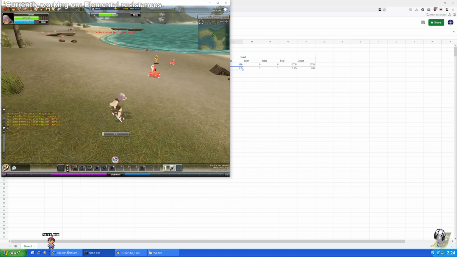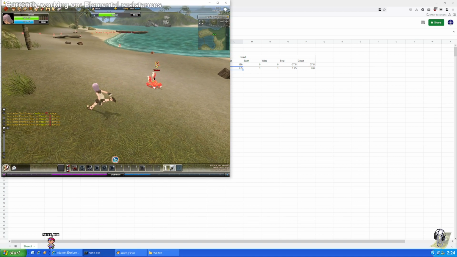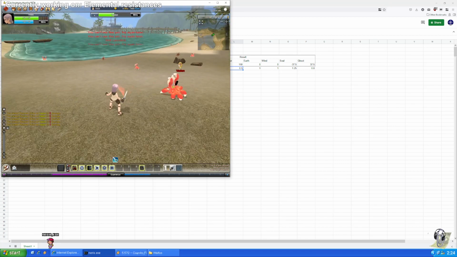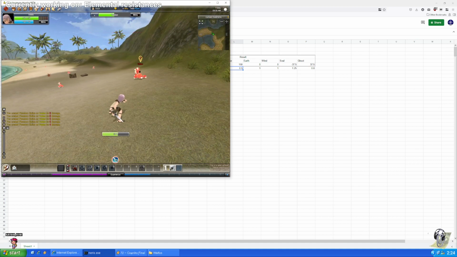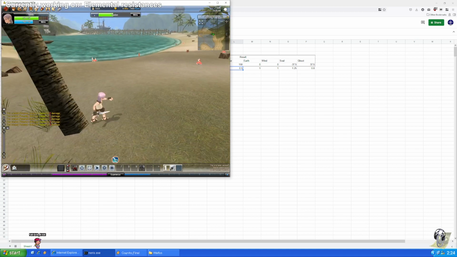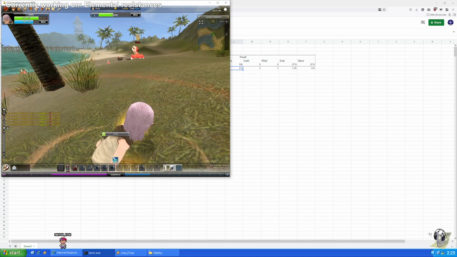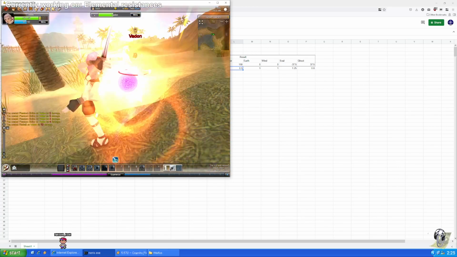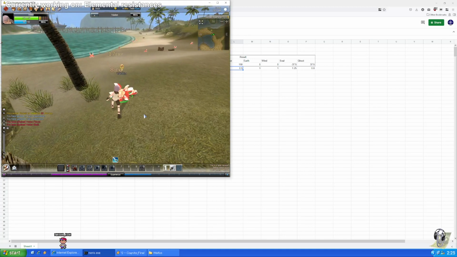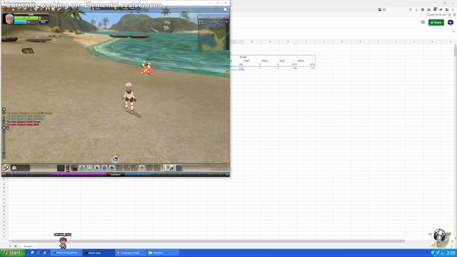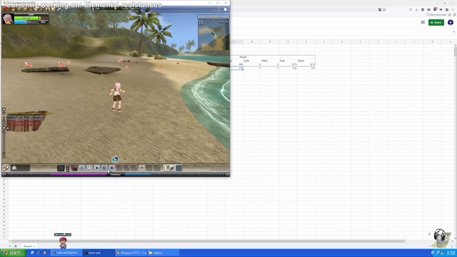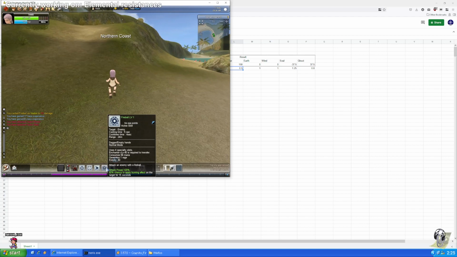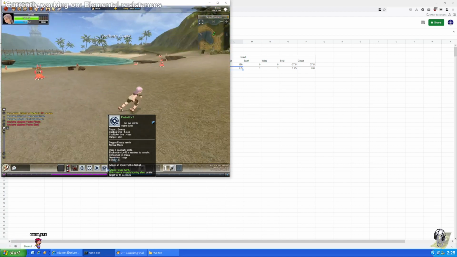So it's decreasing a little bit. Yeah, this is pain. So let's hit him with Fireball. Yes. So Fireball is extremely powerful on them. And it's just 120% of attack.